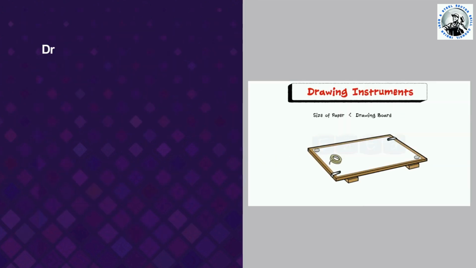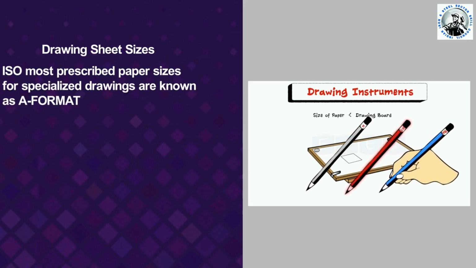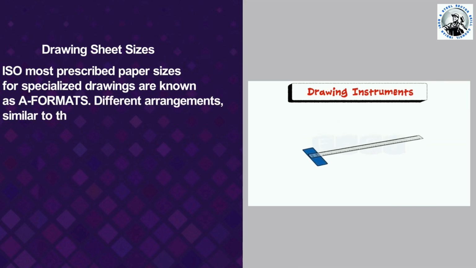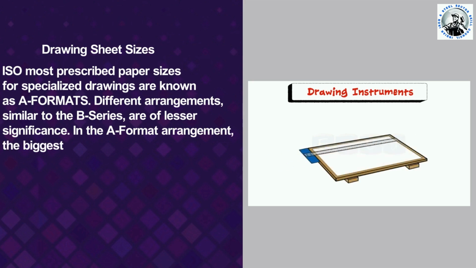Drawing sheet sizes. ISO: most prescribed paper size for specialized drawings are known as A formats. Different arrangements similar to the B series are of lesser significance. In the A format arrangement, the biggest size is A0.